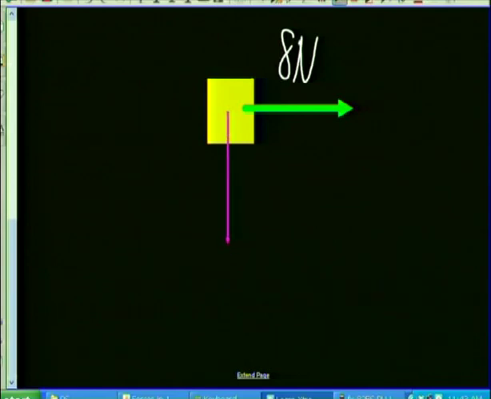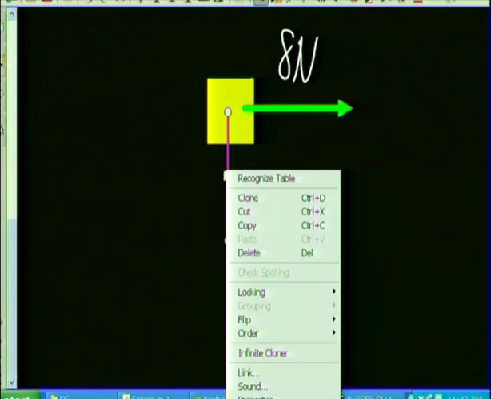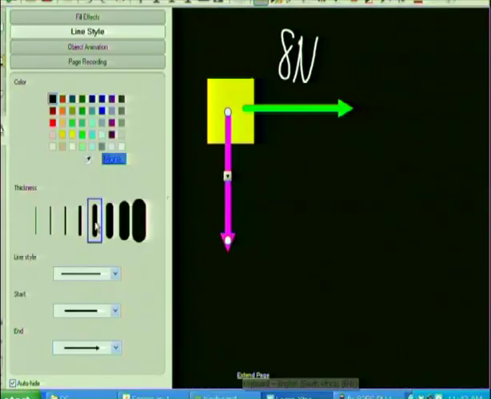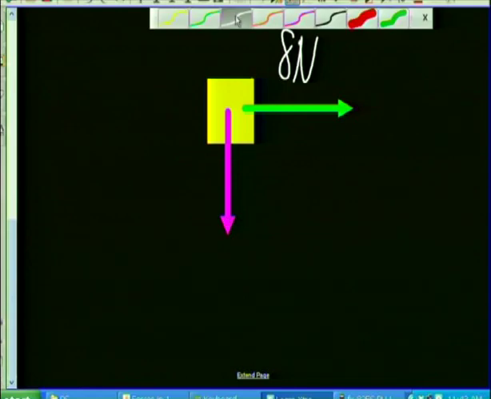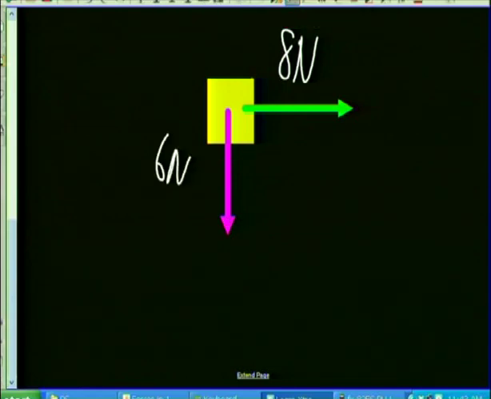I'll still make it fatter so you can see. Let's make it a little bit smaller so that we can see that this one represents 6 newtons.